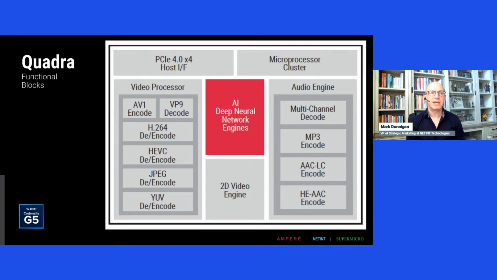But the video processor supports AV1 encode, VP9 decode, H.264 decode and encode, HEVC decode and encode, JPEG, so image decode and encode, and then obviously YUV for both decode and encode. And then on the audio side, you can see the formats that are supported there.